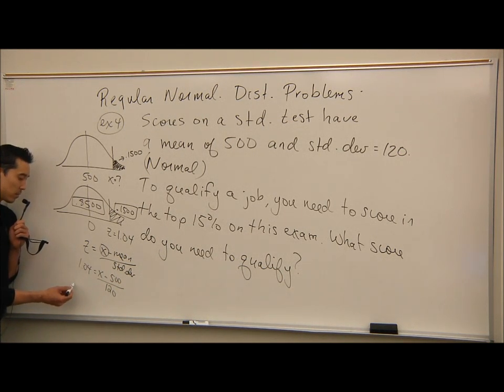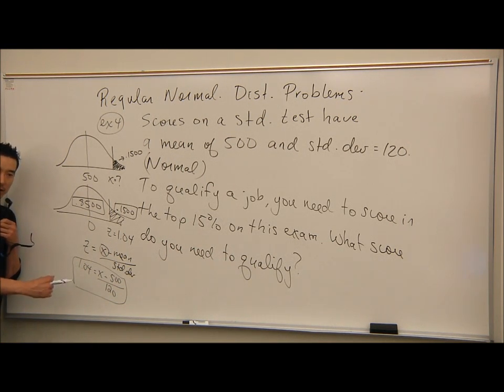And we do know the standard deviation, 120. Okay, so here's where you guys need to do a little algebra. You need to solve for x, okay? The best way to do this is multiply by 120 and then add 500, and that'll allow you to solve for x. So x is going to equal 1.04 times 120, plus 500. And that'll be the cutoff score that you need to qualify for this job.